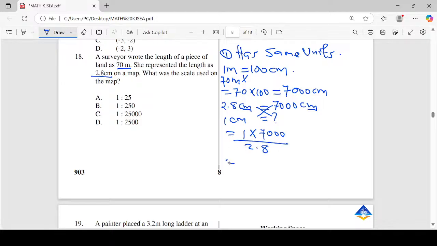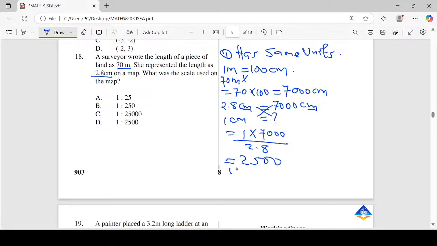With the help of our calculator, dear learners, I'm taking 7,000 and dividing it by 2.8, and I'm getting 2,500.